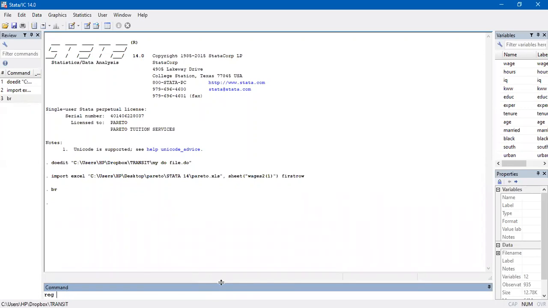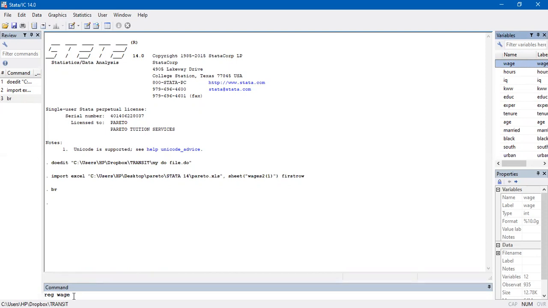So you can just go to the variable window and pick wage. If you see the backward arrow, you point to that arrow, press on it, and then that variable will come to the command window.